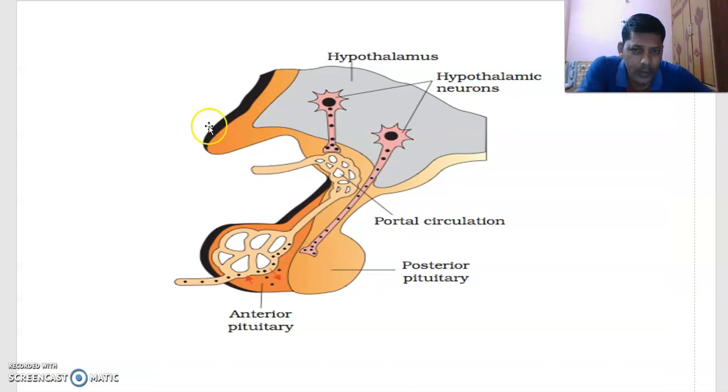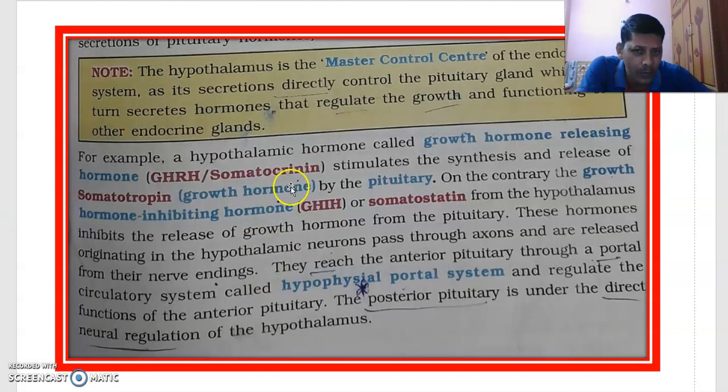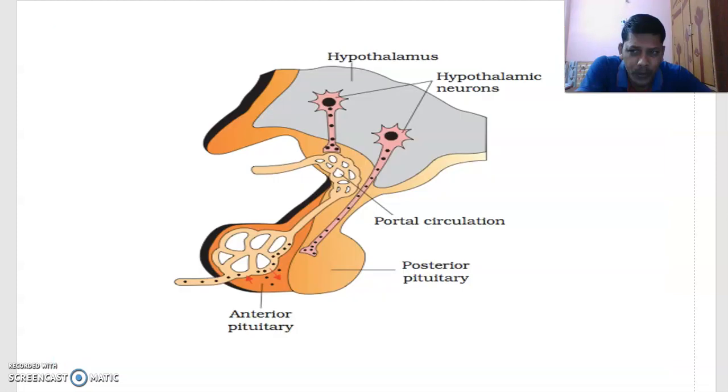For example, this is the hypothalamus. It is producing one hormone called growth hormone releasing hormone, otherwise called somatokinin, which stimulates the synthesis and release of growth hormone by the pituitary gland.